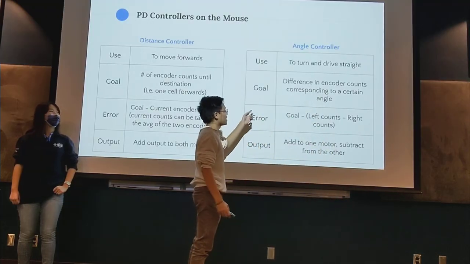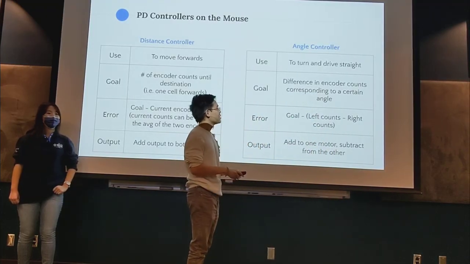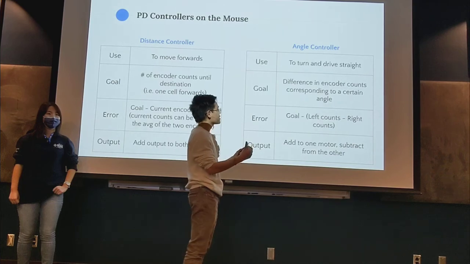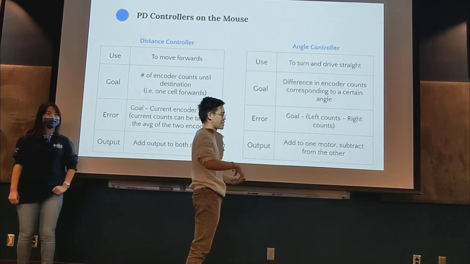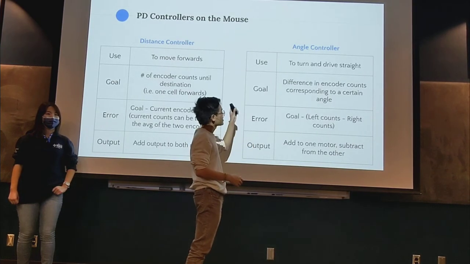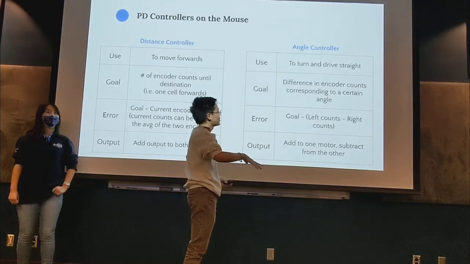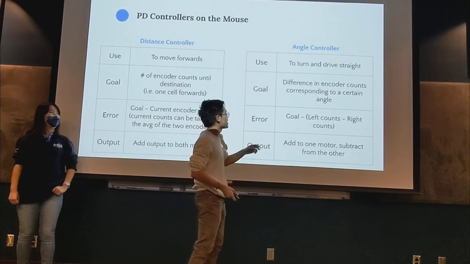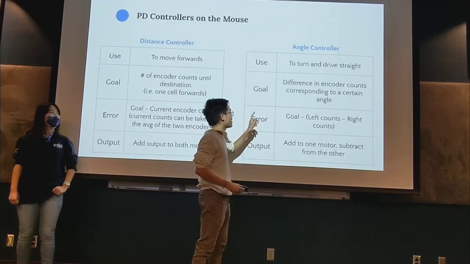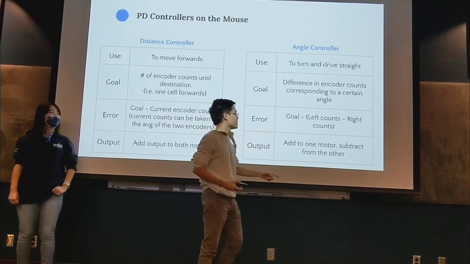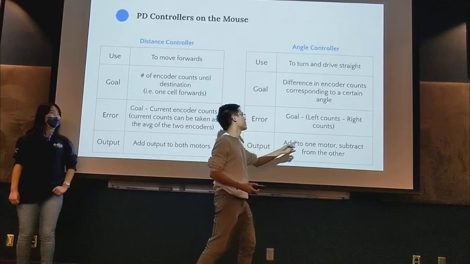For the angle controller, the goal we set is a difference in encoder counts that will correspond to a certain angle. You will have to determine what this difference will be experimentally. We determine how far we are from the goal by taking the difference between encoder counts.